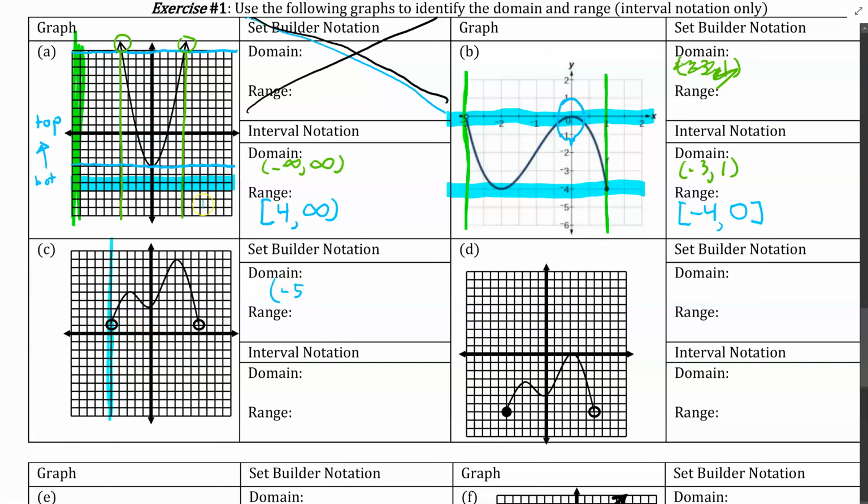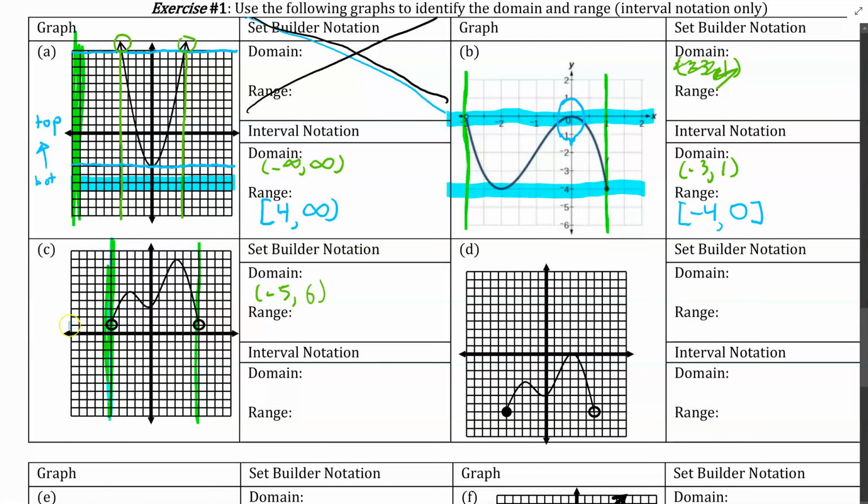And then continuing to sweep, I realize that should have been in blue, sorry, or green. And then continuing to sweep, we'll stop touching the graph at 1, 2, 3, 4, 5, 6. And because the graph will touch open circles there, we use parentheses for both.